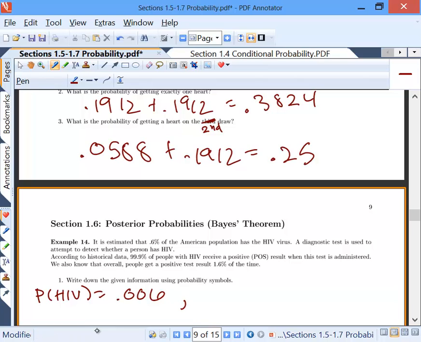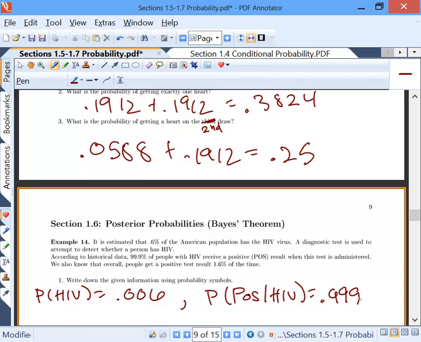Let's see, then we get to 99.9% of people with HIV receive a positive test result. What is that telling us? Okay, so you said probability of positive and HIV. Anyone think anything else? Positive given HIV. Positive given HIV. So it is a conditional because it's saying we already know they have the HIV, then the probability of getting a positive. So the probability of getting a positive test result if you know they have HIV is 0.999.